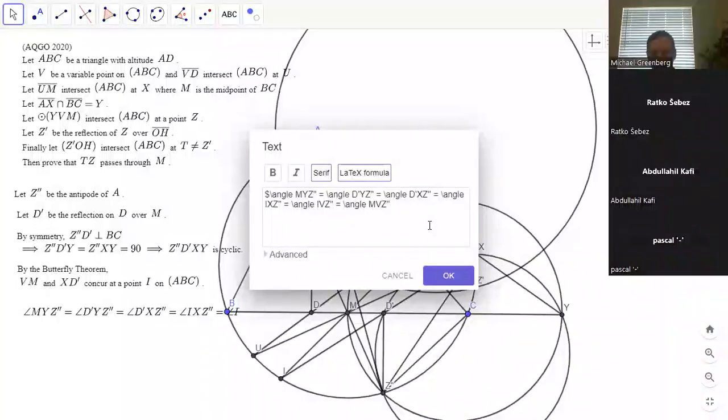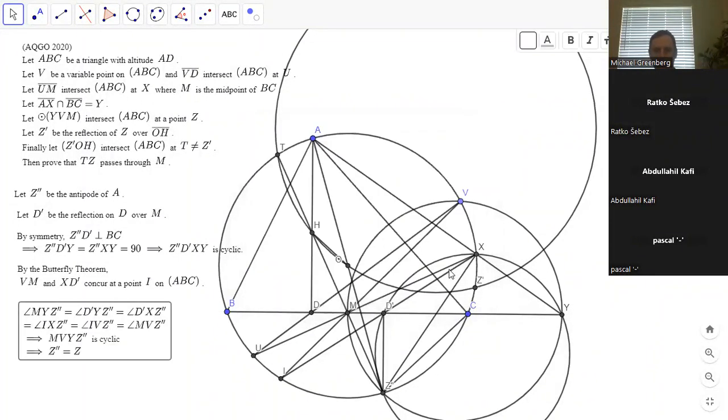And this implies, so I'll just split into lines, this means that MVYZ double prime is cyclic, which implies Z double prime equals Z. That's the first part of the problem.